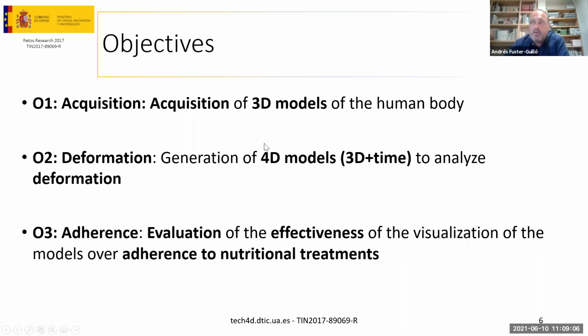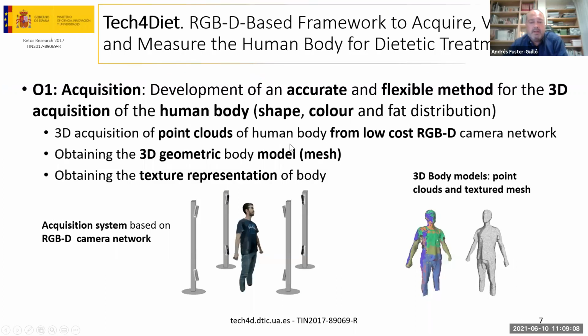Okay, let's go a little deeper in each of these objectives. The first objective is acquisition. We want to develop an accurate and flexible method for the 3D acquisition of the human body, taking into account shape, color, and fat distribution. To achieve this objective, we have organized three main tasks.